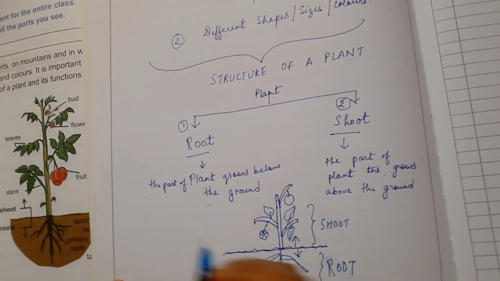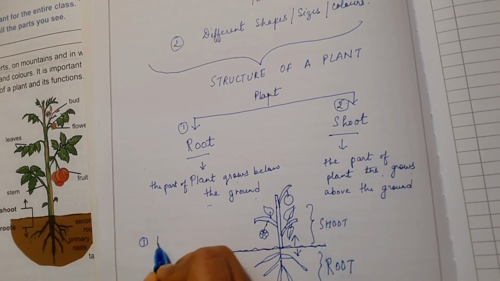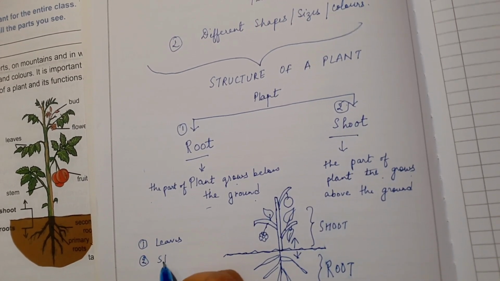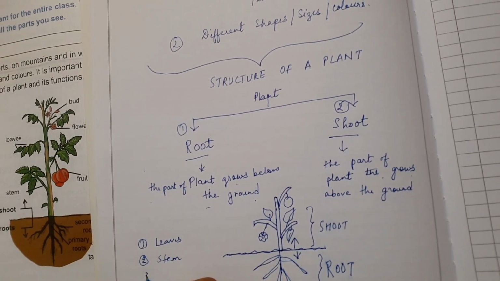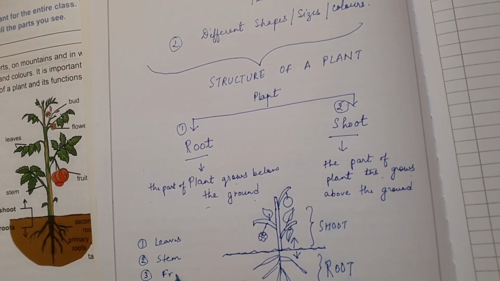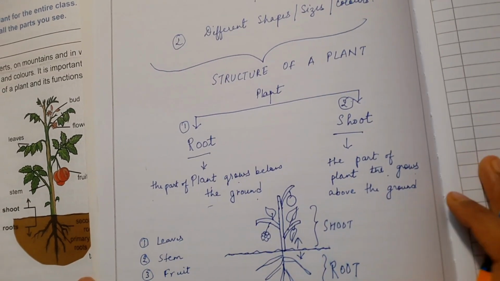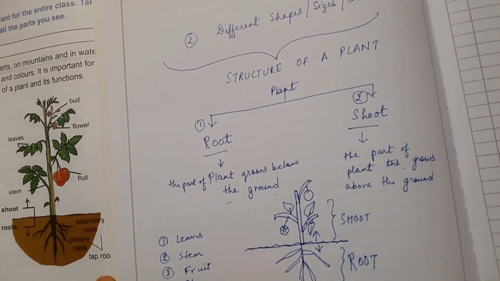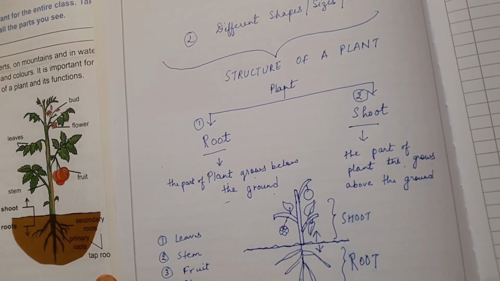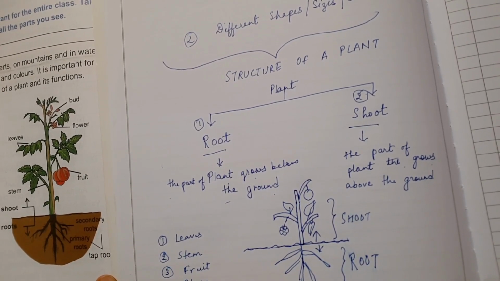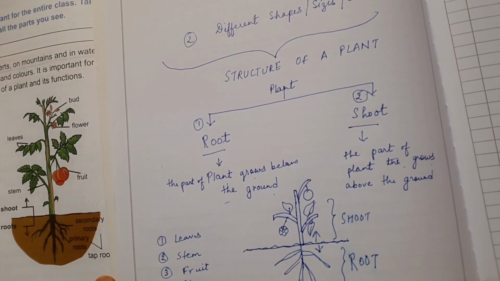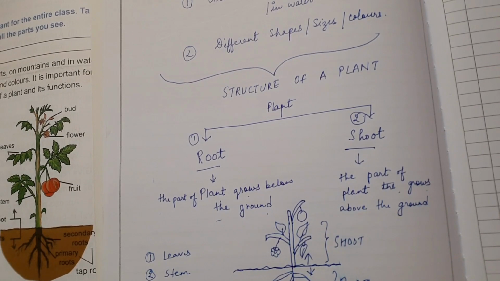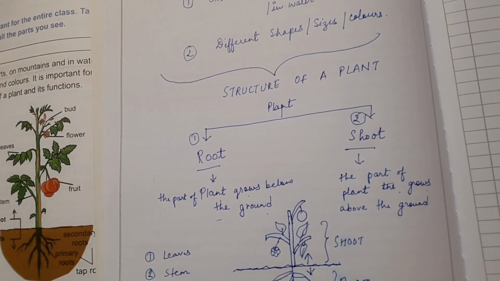So what we have? We have leaves, we have stem, we have fruit, we have flower, we have bud. And the next we are going to study is root.